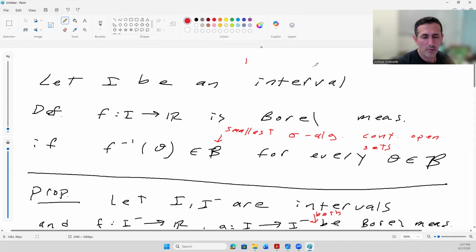There are Lebesgue measurable functions that are not Borel measurable. So being Borel measurable is quite a bit stronger than being Lebesgue measurable.